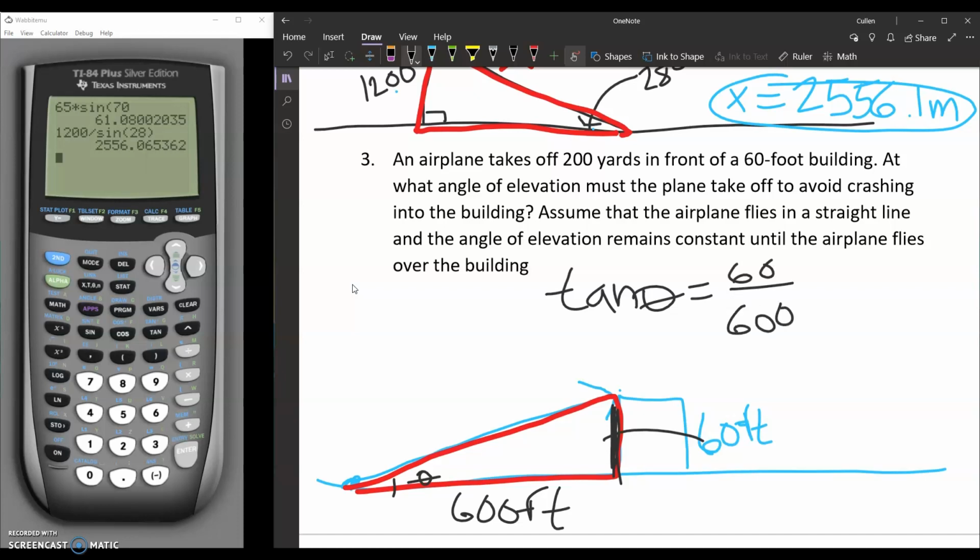And then to solve, you're going to do second tangent on your calculator and type in 60 over 600. And it will spit out your angle. So this is a very small angle because it's not going to take off at a very, very steep angle, 5.7 degrees. So it's going to have to take off at an angle of at least 5.7 degrees. And you probably want to give yourself a little bit more room than that.